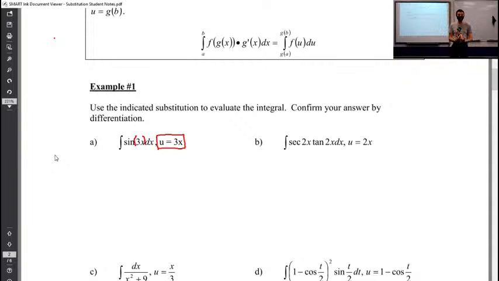That's usually u. du would be the derivative of u. And so derivative of 3x is 3. I'm going to put a dx there. 3 dx.